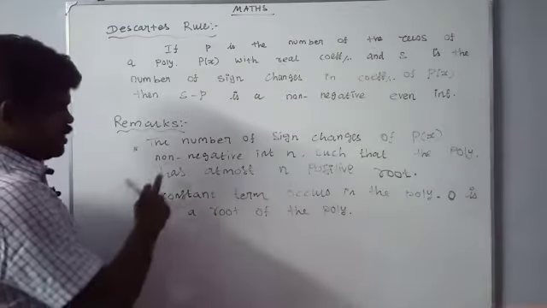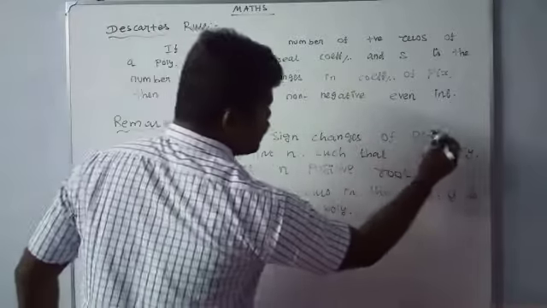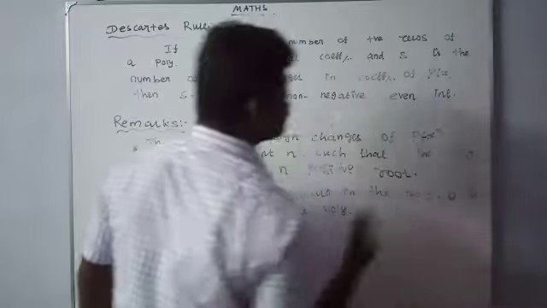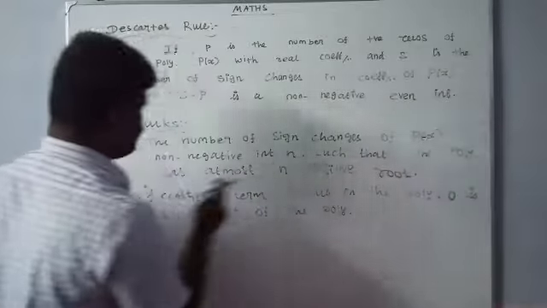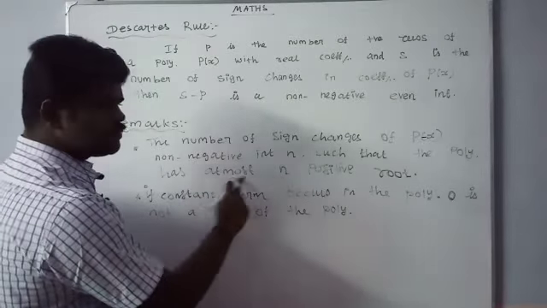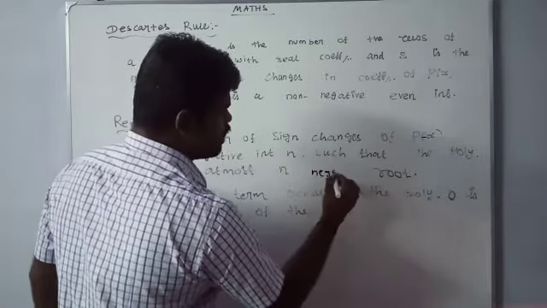And one more thing here: the number of sign changes of p of minus x is also a non-negative integer n, such that it has at most n negative roots.